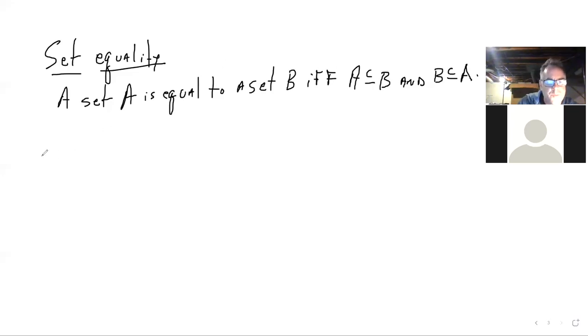Now, we're going to refine our definition, or refine the idea of subset, to distinguish what we're going to call proper subset.